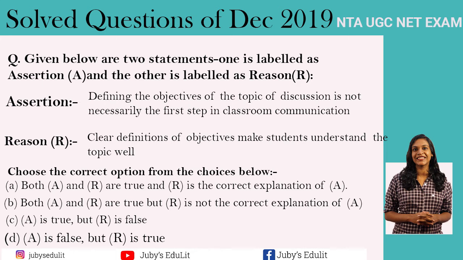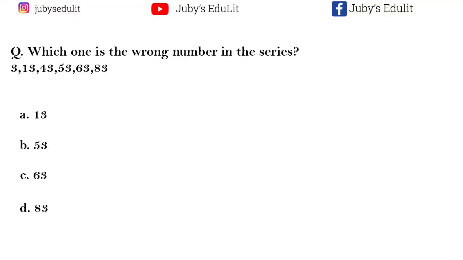Well, it is a good reason and it is a true reason, that students will understand the topic well once they get clear definitions of the objectives they are going to learn. So it is a true reason. So the right answer is A is false and R is true, and option D is the right answer for the question.